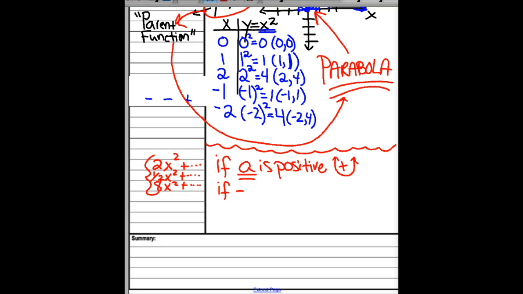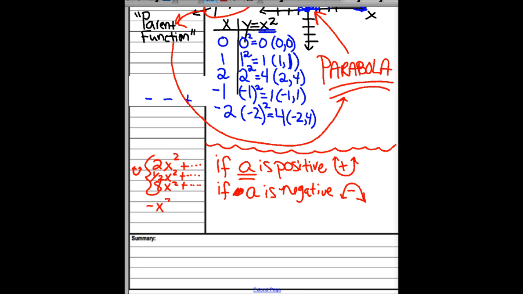If we put a negative number in front of it, and you saw that, it caused it to flip over. So think negative makes you frown, or negative opens down. Okay, so these make smiles.